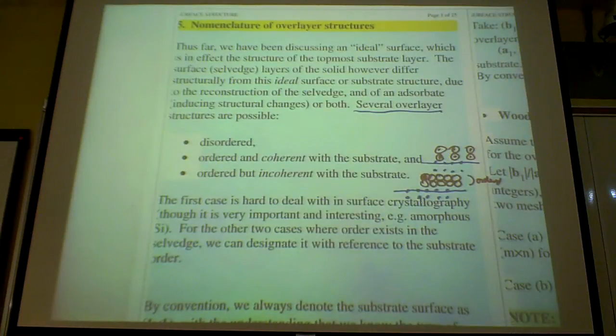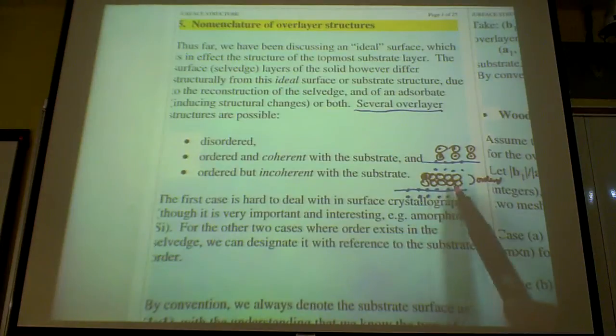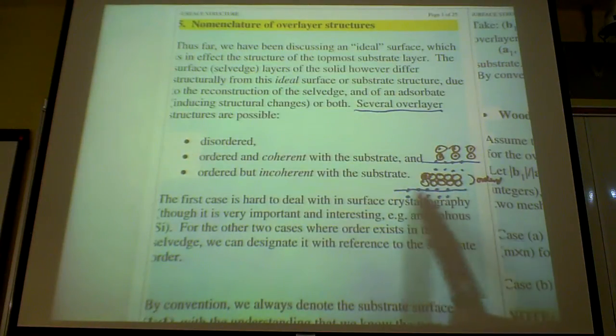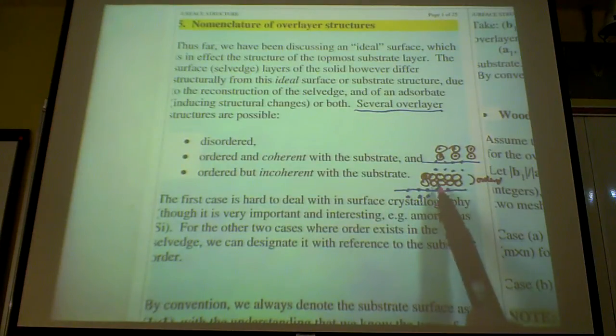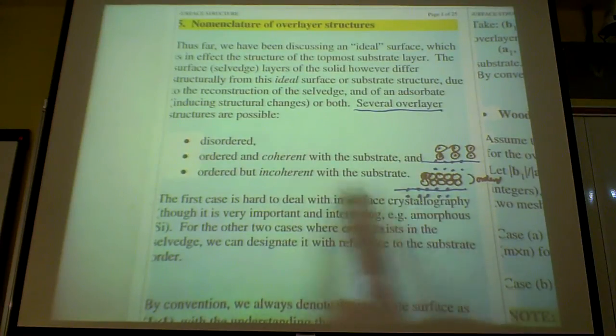However, if you have the overlayer building its own crystallinity, right? It doesn't care about the 2D symmetry of your substrate. You just have a flat layer on top. Then you would have something ordered but incoherent structure.